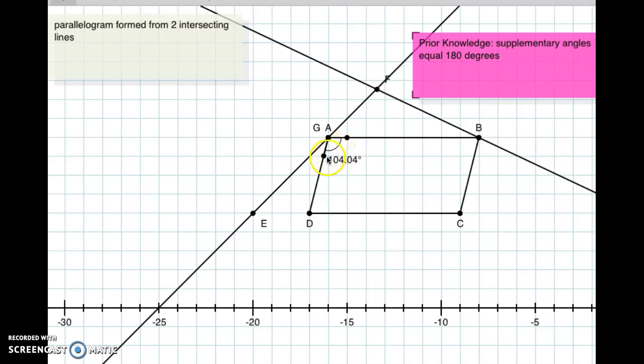So if angle A is 104.04 degrees, then angle B should be about 75 degrees, if the sum of A plus B equals 180.